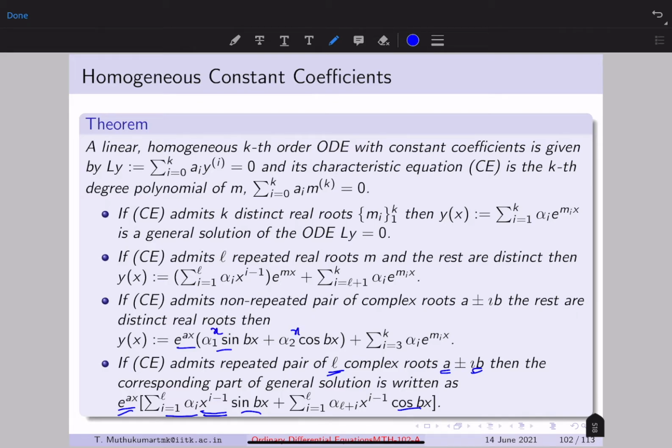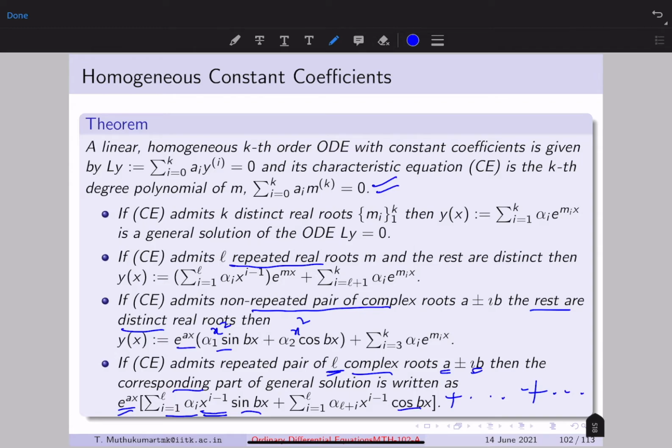Then you multiply by x square. So you do this up to L so that you get L linearly independent functions. And the remaining, as I said, you could have distinct real roots, repeated real roots, or non-repeated complex roots. Depending on that, you add the corresponding solutions. Okay, so these are the 4 situations that can occur for this algebraic equation.